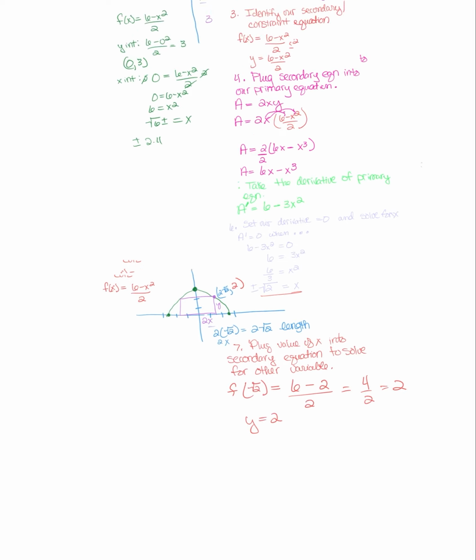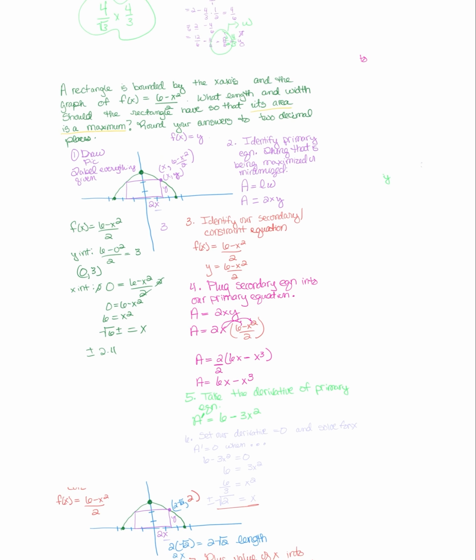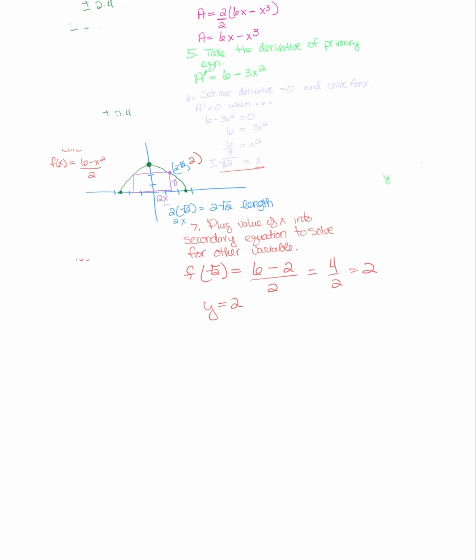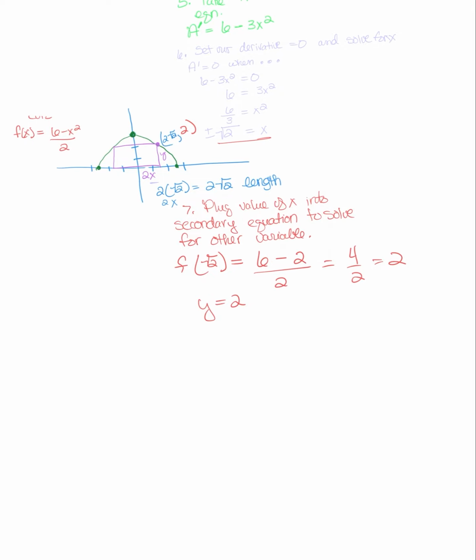And I believe this just wants the point, so we're not doing meters or anything like that. Okay, so our answer then is 2 root 2 by 2, looking at the point. So that is what our maximized length and width would be to get a maximum area.